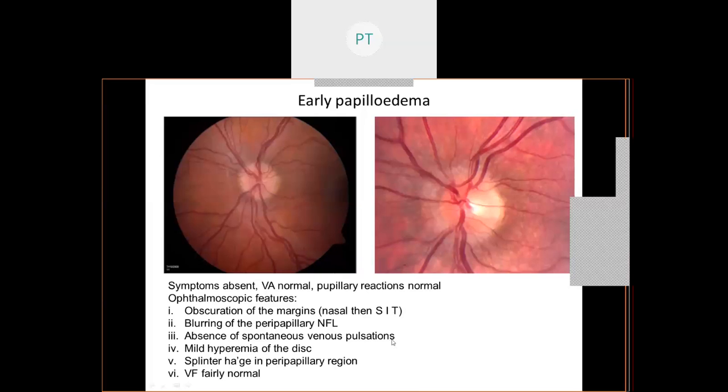Then there is blurring of the peripapillary nerve fiber layer. Then there is absence of spontaneous venous pulsations, which are usually seen in at least 80% of patients. Then there is mild hyperemia of the disc. There may be splinter hemorrhage in the peripapillary region, and if you do a visual field test, it is fairly normal.